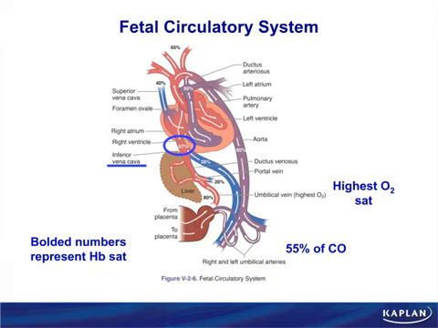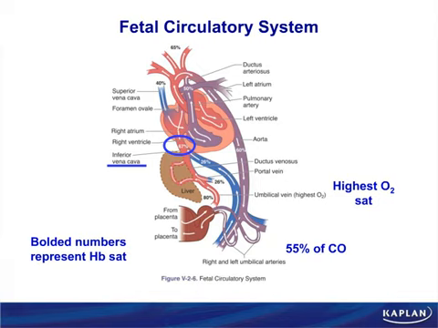Some of it goes to the liver, but much of it bypasses through the ductus venosus, and will mix in with the venous blood draining the lower portions of the fetus. So by the time we approach the heart, we've dropped that saturation because we're mixing in that venous blood. It's dropped down to about 67%.